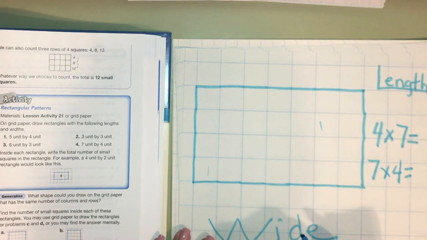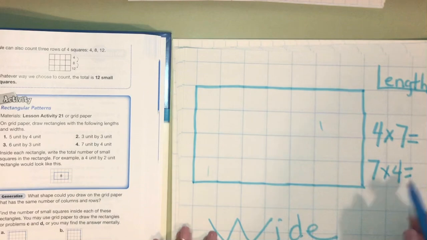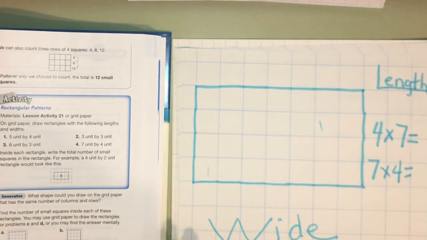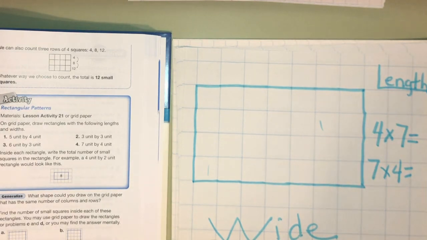And what do we get for an answer? You know, let's count by 7s or count by 4s. We should be learning all of our multiplication facts. What did you get for an answer? If you said 28, then you are correct.